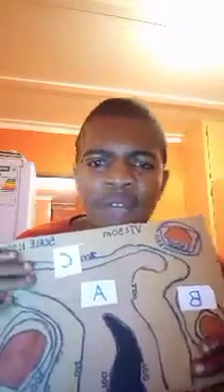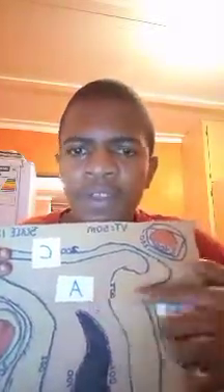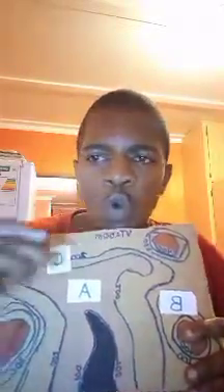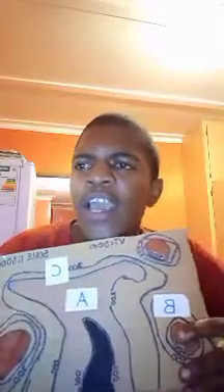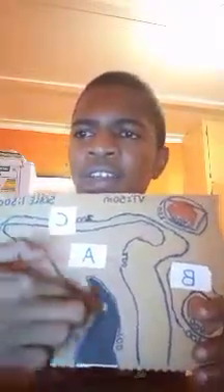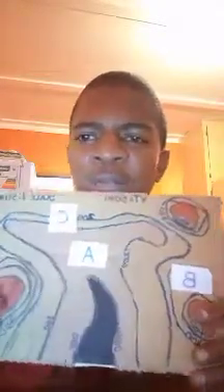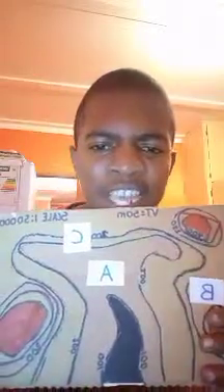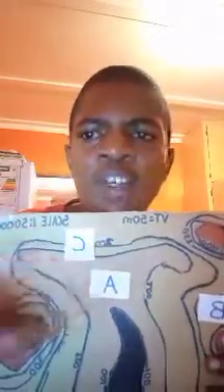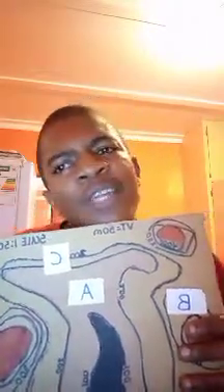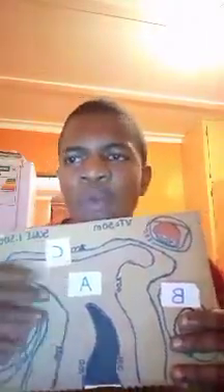There is a rift valley, A. There is a hill, B. And there's a gentle slope, C. You can see it's 200, so it represents a gentle slope. These are determined by the contour lines represented on the map.